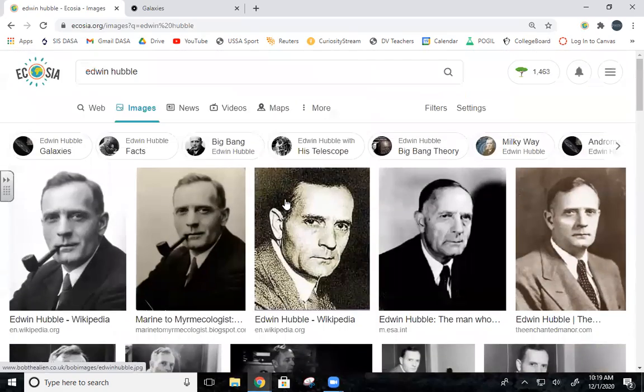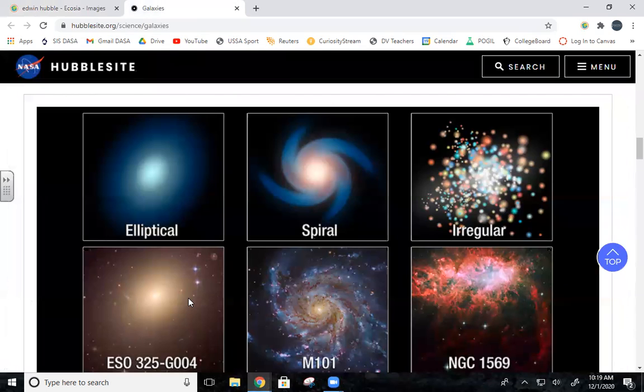And back in his day, they were looking out using better and better telescopes, and they were seeing these strange structures. And they thought that they were nebulae, right? You've seen a nebula before, right? This is where stars are born.